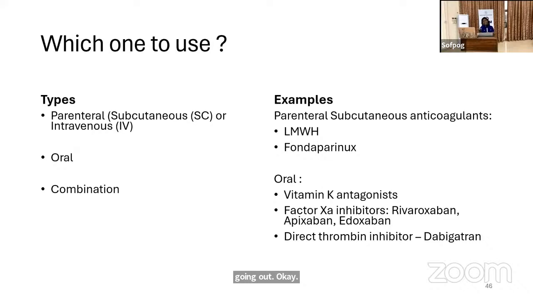So which one to use? There are several types. We have the parenterals, we have the orals, and we have the combination. Examples of the parenterals: we all know the heparins, unfractionated and low molecular weight, and injectable factor Xa inhibitors, fondaparinux. The oral ones are warfarin, the factor Xa inhibitors, and then direct thrombin inhibitors.